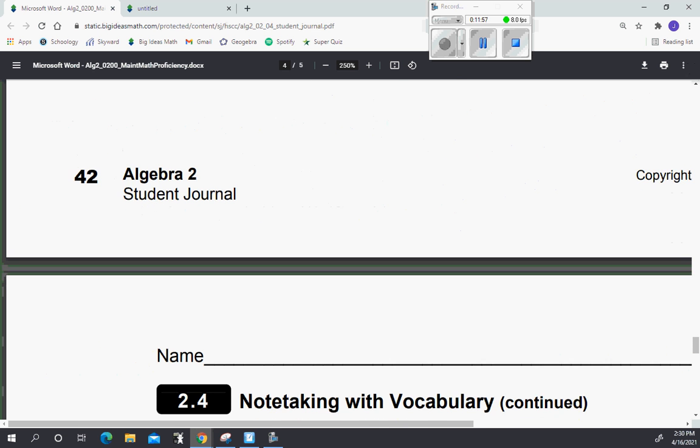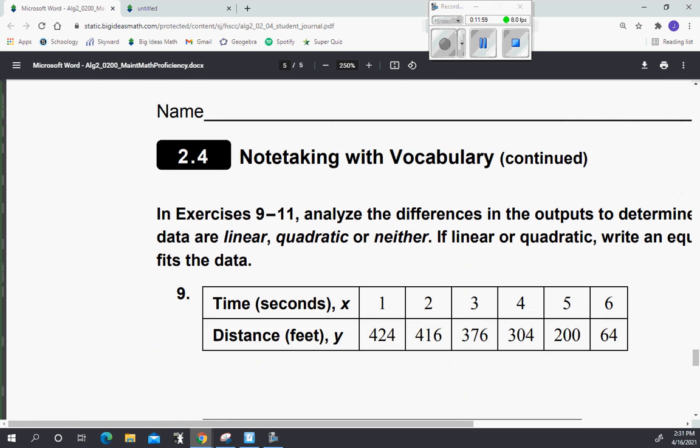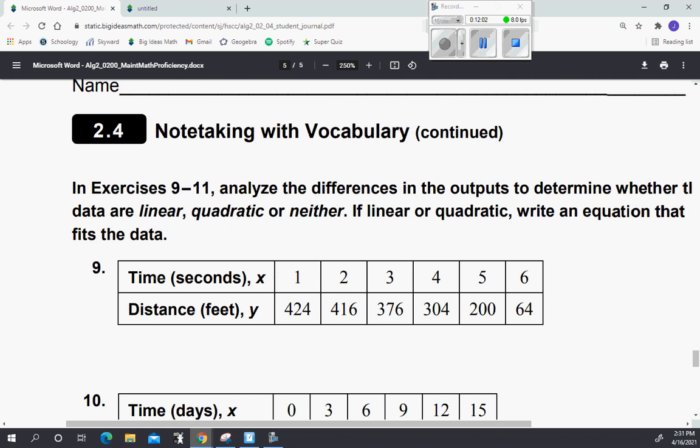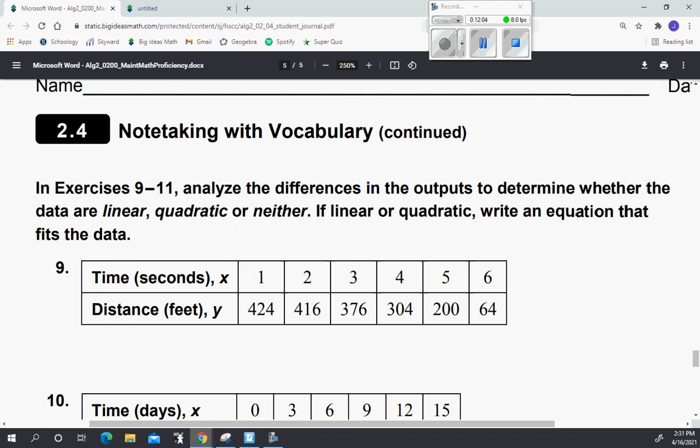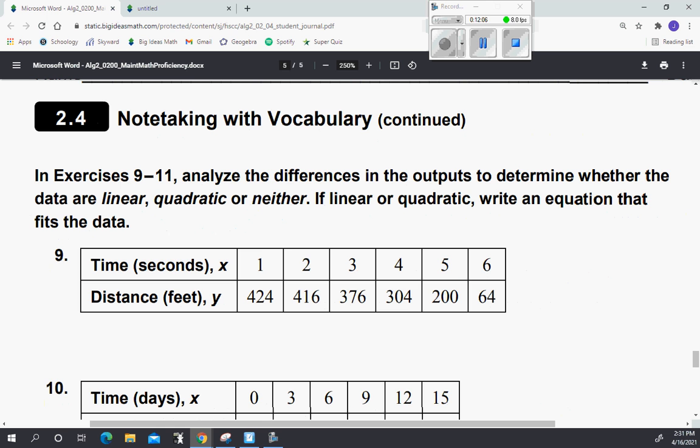Okay, now, this is where this lesson might be a little difficult. We have to analyze the differences in the outputs to determine whether the data is linear, quadratic, or neither.